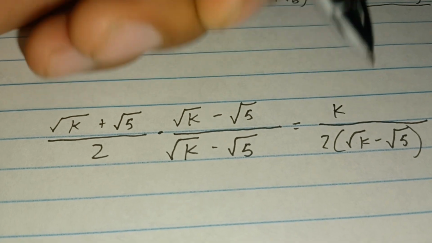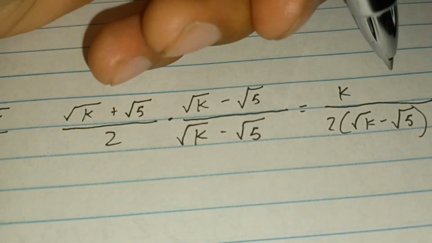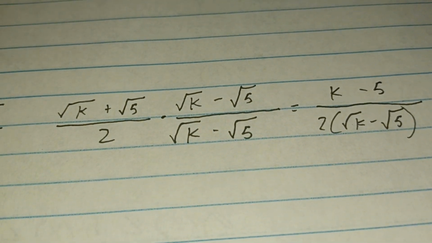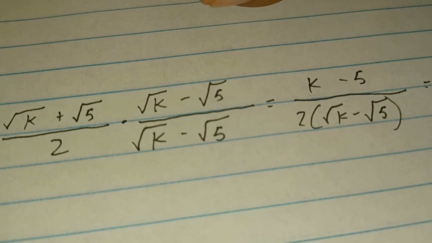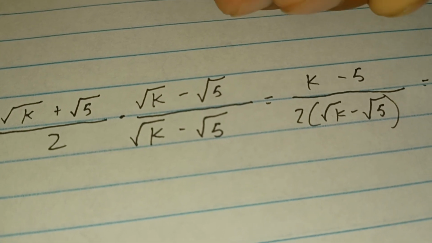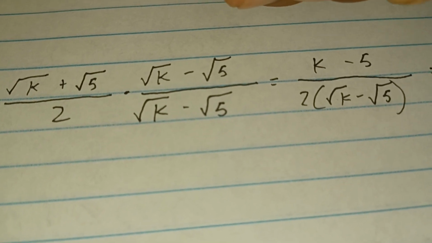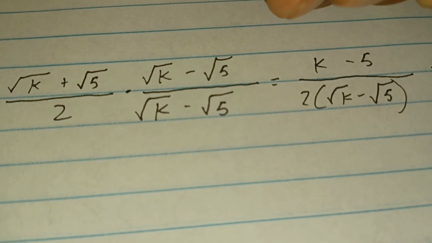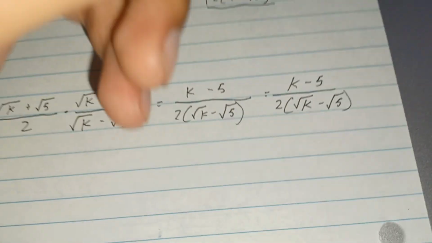Then the square root of 5 times minus square root of 5 is minus 5. So I'm going to rewrite this. Our answer is going to be k minus 5 divided by 2 times the square root of k minus the square root of 5. So k minus 5, yeah, that looks about good. That's going to be your answer for number 2.